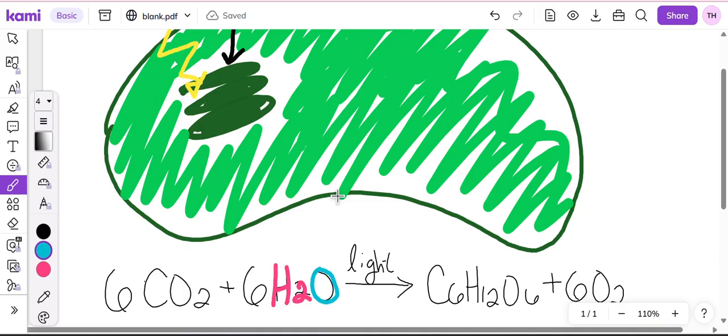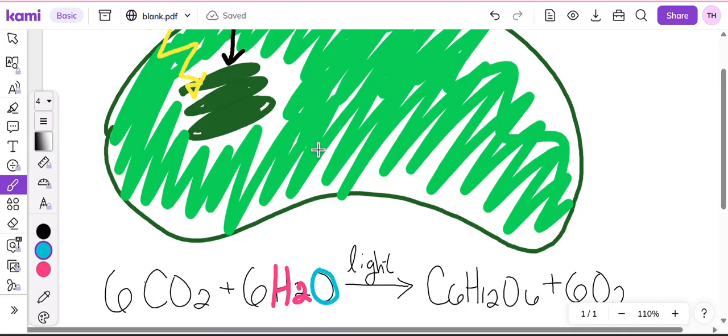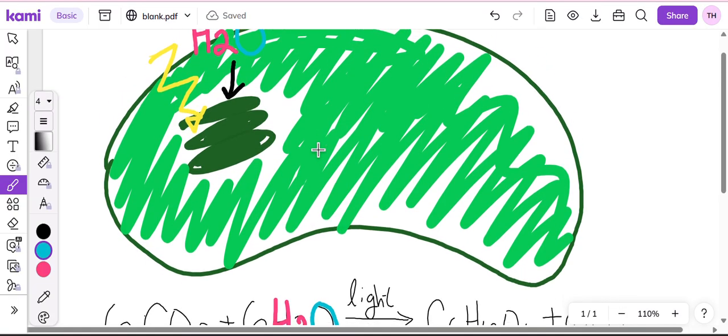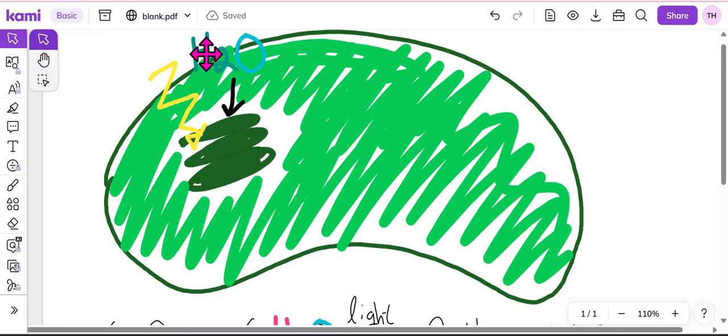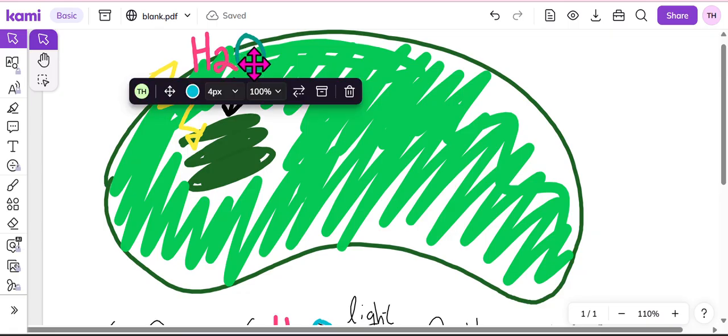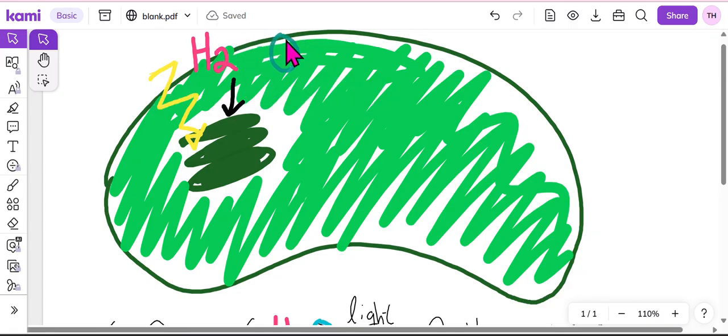It essentially gets electrocuted inside of photosystem 2, and we'll draw that part and outline the major parts of the light-dependent reaction. We'll take a look at that in just a minute. And so as that's happening, because the H2O is getting ripped apart, instead of it being one molecule, we're going to rip the oxygen away, we're going to rip the hydrogens away.